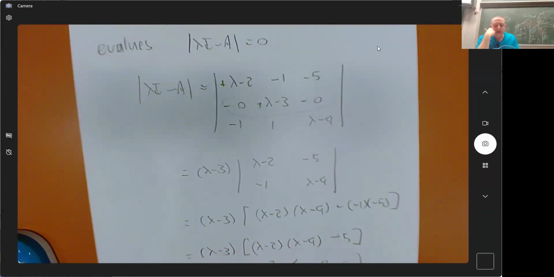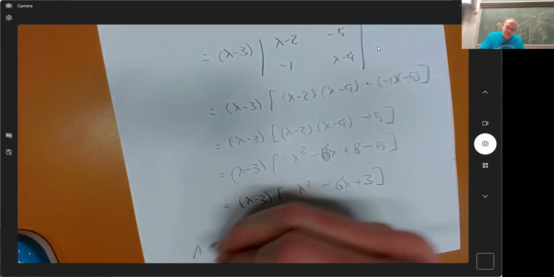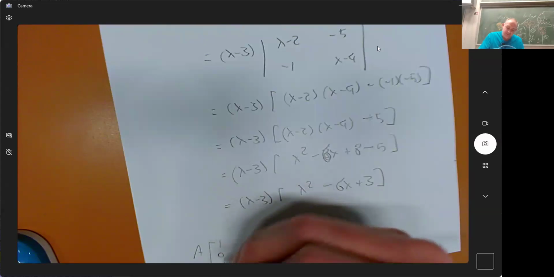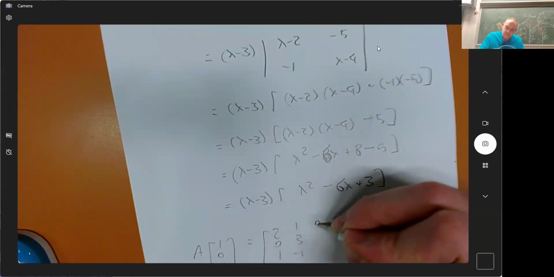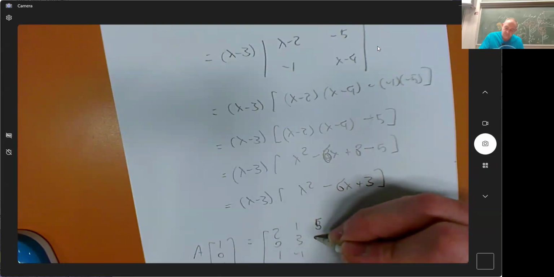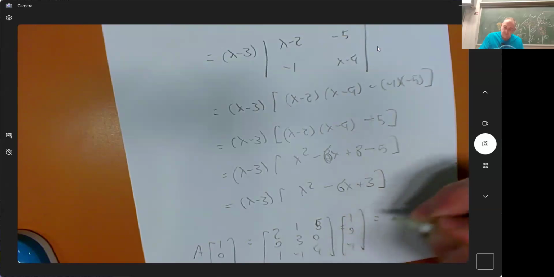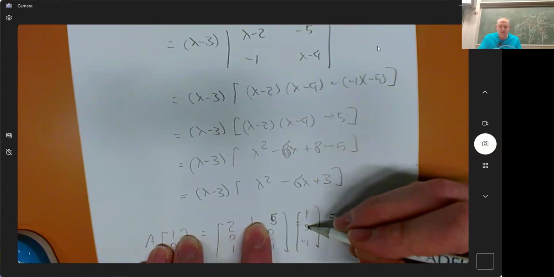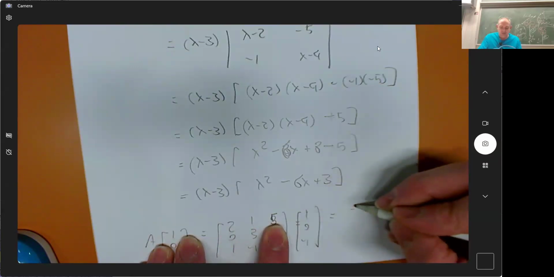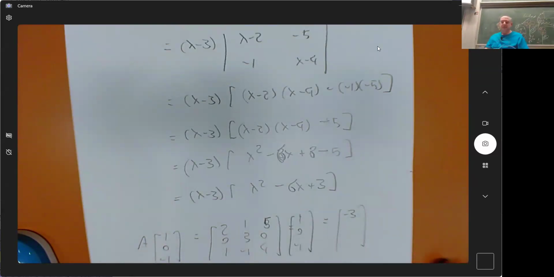The reason I'm distressed is because if I multiply this matrix by this vector, I get 2 plus 0 minus 5, which is -3. Oh, David.